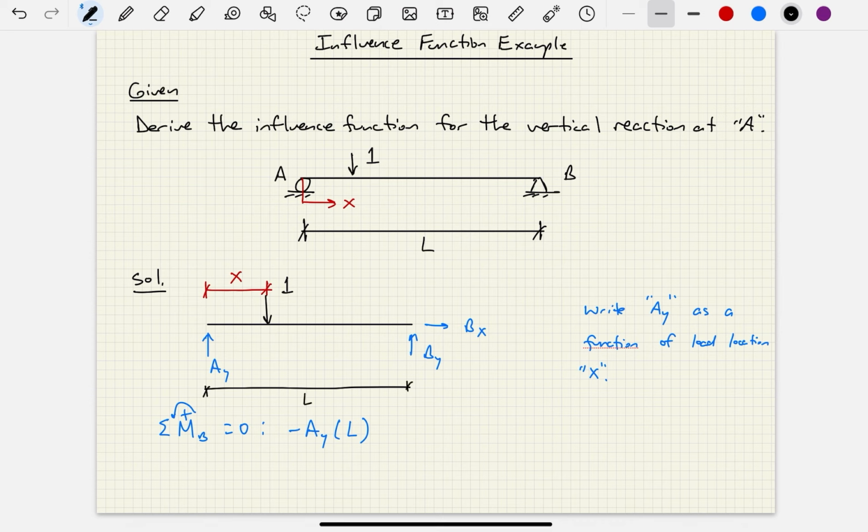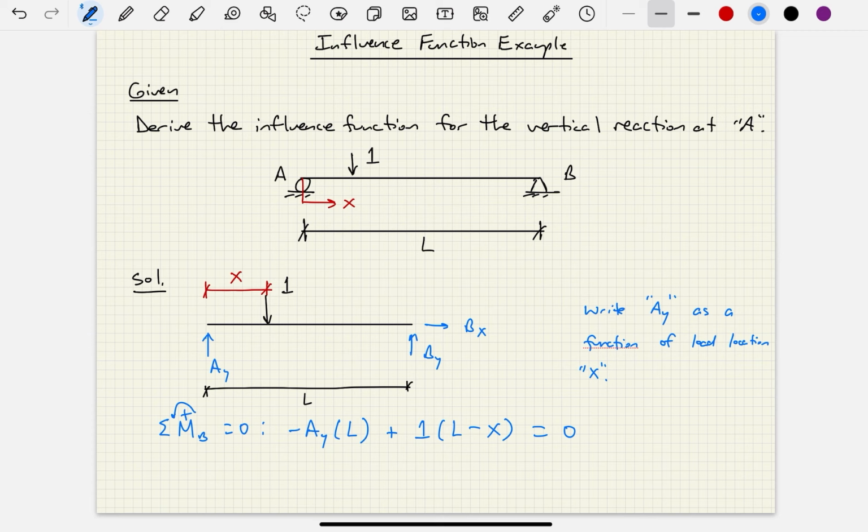So that's L, okay? So I'm going to have minus AY times L, and then plus that unit load 1 times what? What is this moment arm from the unit load to point B? Well, that's L minus X, okay? So I'm going to say L minus X here.